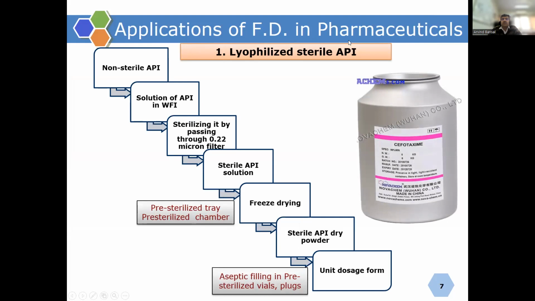Specific applications of freeze drying in pharmaceuticals include the generation of lyophilized sterile APIs in bulk containers.